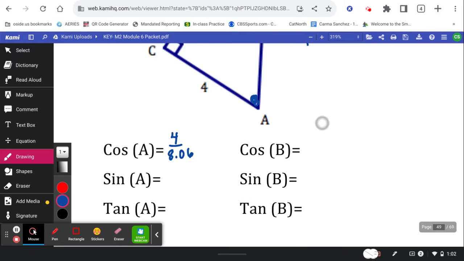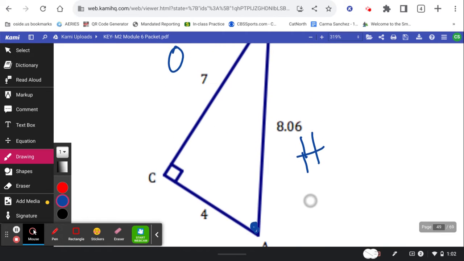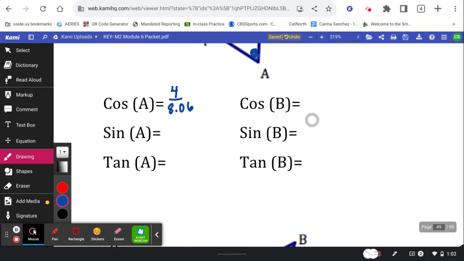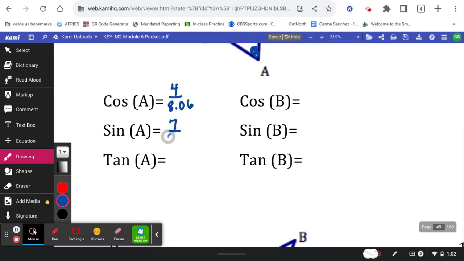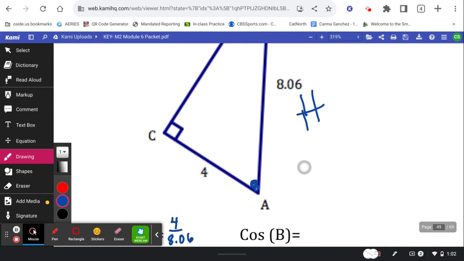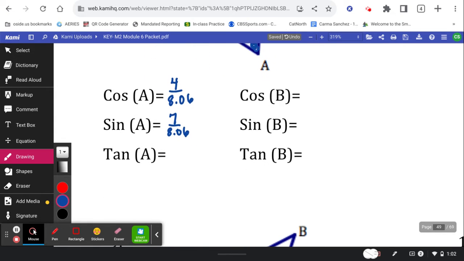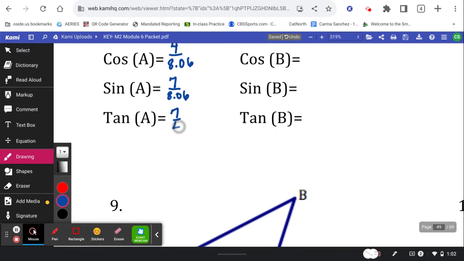The sine is going to be the opposite, 7 over the hypotenuse, 8.06. And then the tangent is the opposite over the adjacent, 7/4. So go ahead and put those into a calculator for me and get the approximation for each.